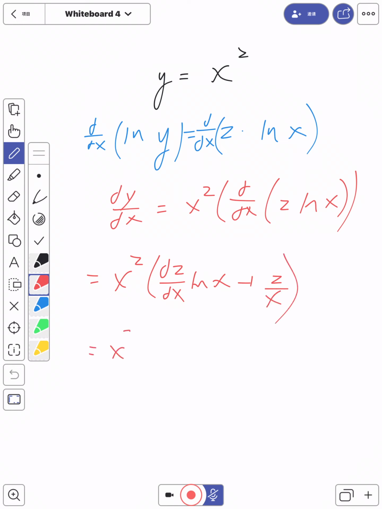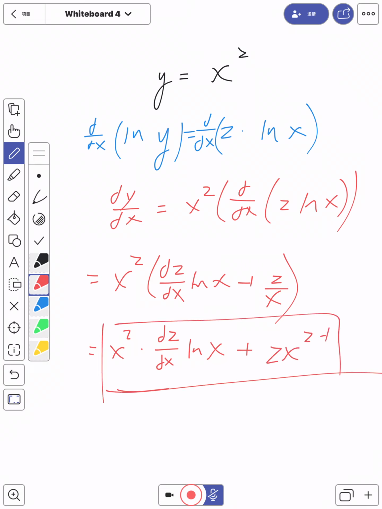Equal to x to the z times dz over dx ln of x, and then plus z x to the z minus 1 power. So if we are given x and z, and we're given dz over dx, then we can find the value.